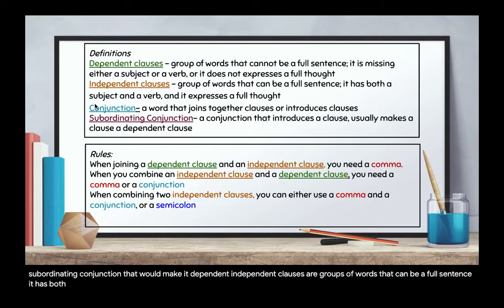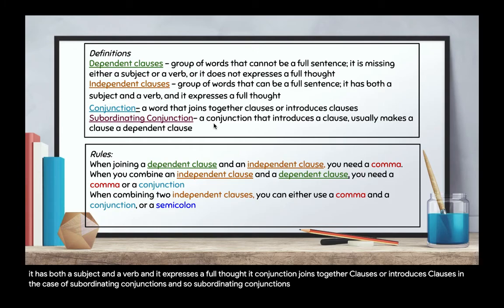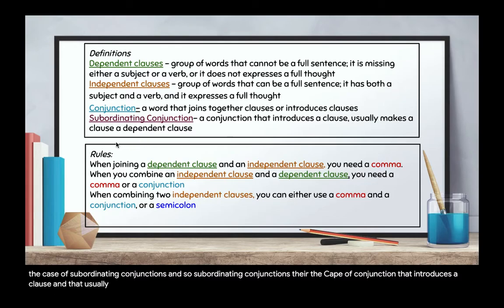It has both a subject and a verb, and it expresses a full thought. A conjunction joins together clauses or introduces clauses in the case of subordinating conjunctions. And so subordinating conjunctions, they're the type of conjunction that introduces a clause, and it usually makes a clause into a dependent clause or not a full idea.